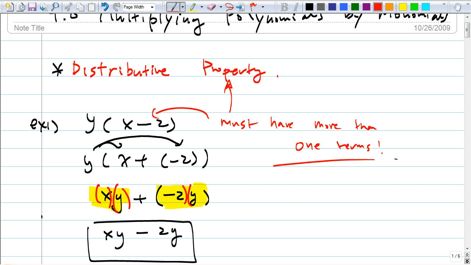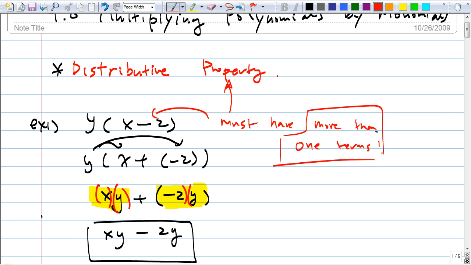That'll be wrong, okay? Only time you distribute is if you have more than one term. You either have a binomial, trinomial, or however many terms. If you have a monomial in there, that'll be wrong, okay? Must have more than one term.